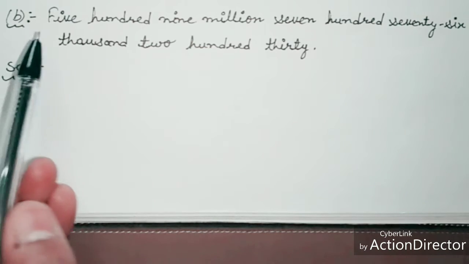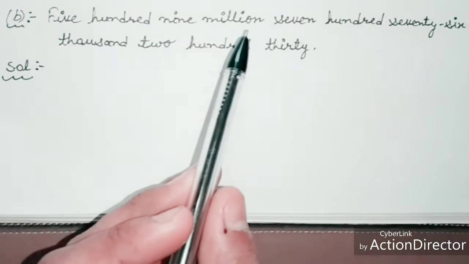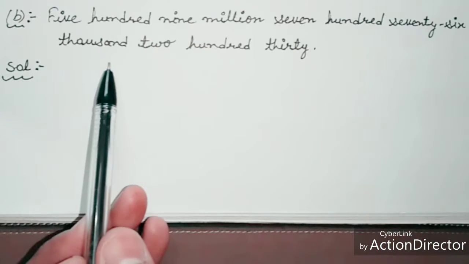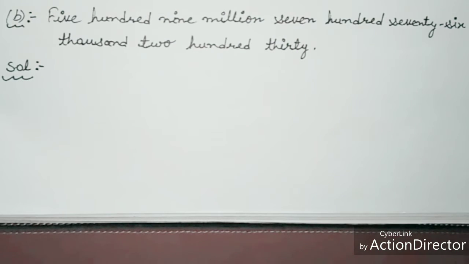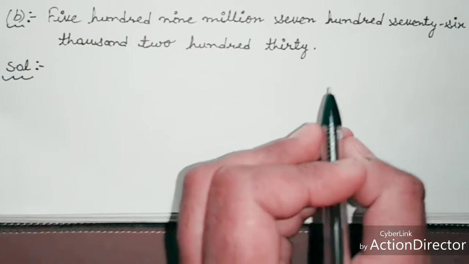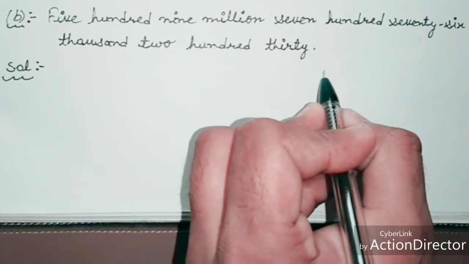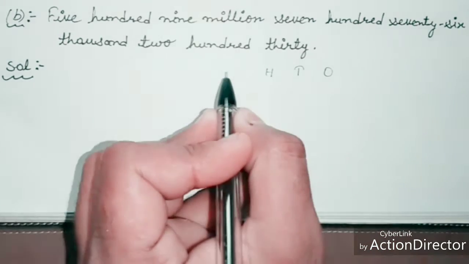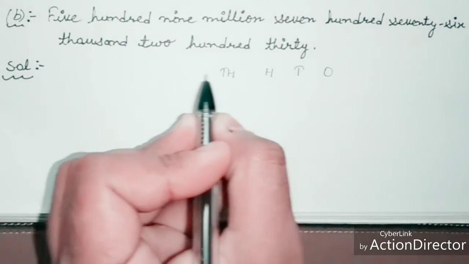Example number B, 509,776,230. So we write this number in international number system. So first we write place values in international number system. So we write ones, tens, hundred, thousand.